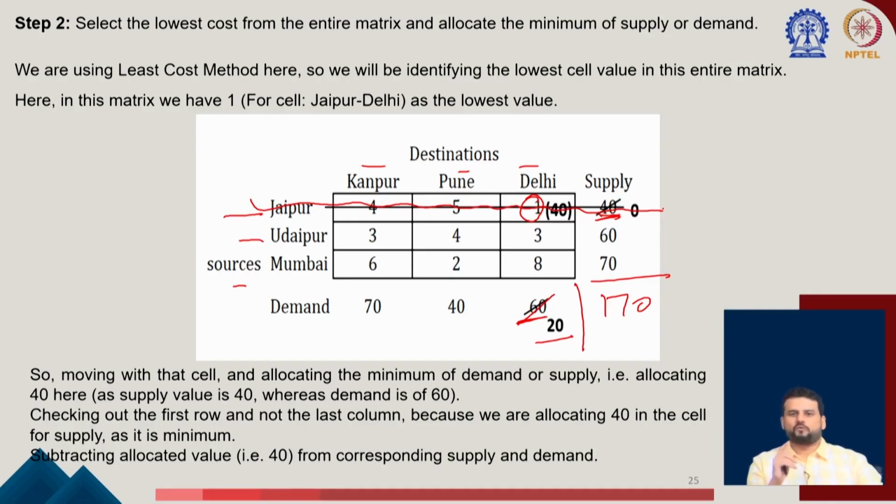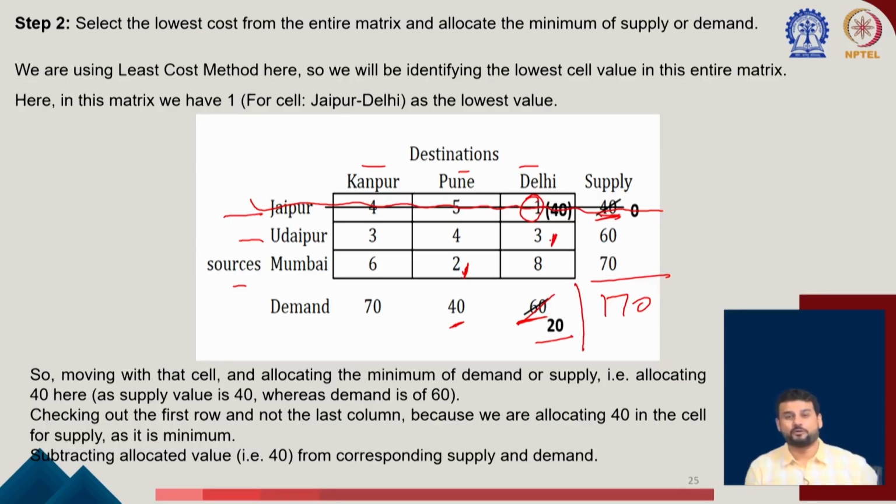So what if there is a tie between two cells? Then you find out in which of those two cells you can allocate the maximum. Let us say if 1 is there here also, then you see where you can allocate the maximum, but in this case also I think you can allocate a maximum of 40 only. But let us say 1 is somewhere here.